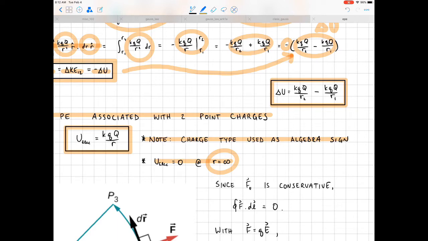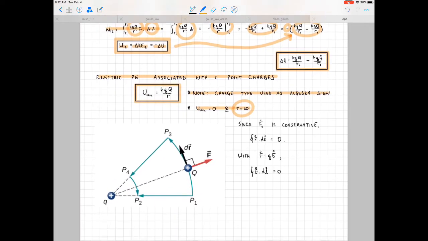Right? In 101, oftentimes what we would say is that the gravitational potential energy is zero a lot of times at the ground. Right? We would set the lowest height in the problem as potential energy zero and then go from there.